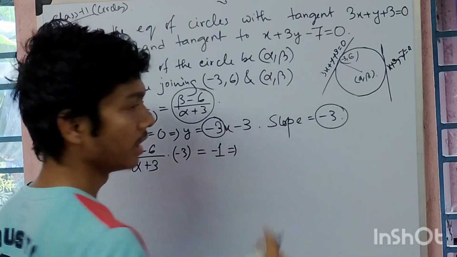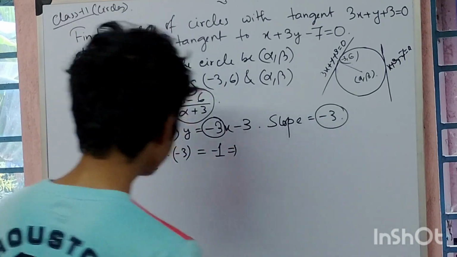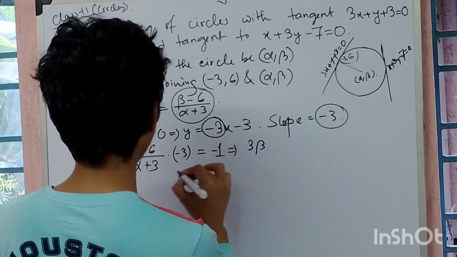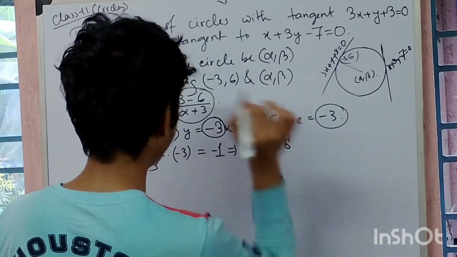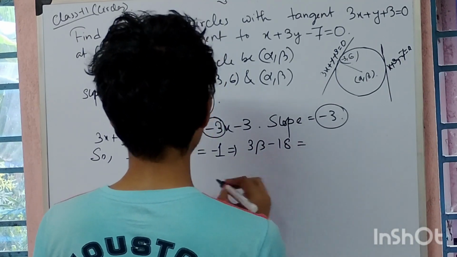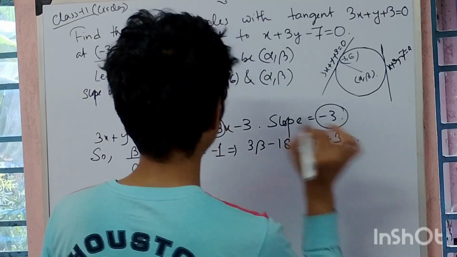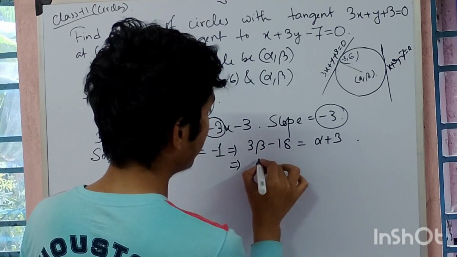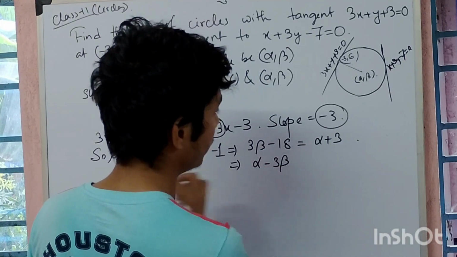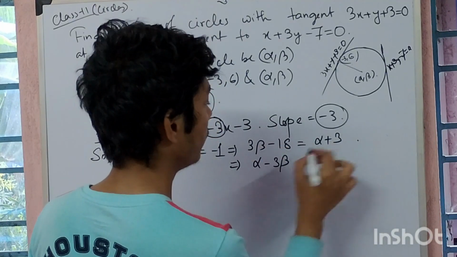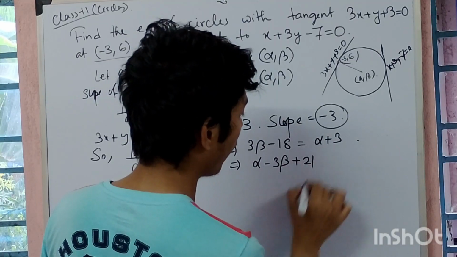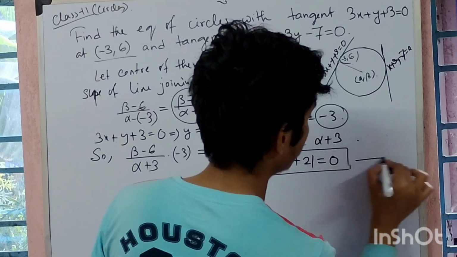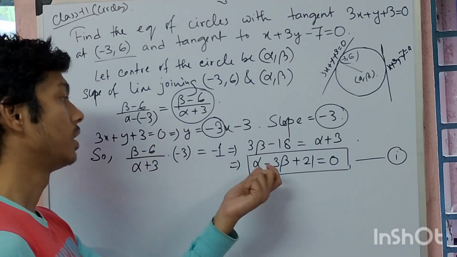With a little simplification, it gives 3 beta minus 18 equals alpha plus 3. With a little more simplification, I get alpha minus 3 beta plus 21 equals 0, and this is my first relation between alpha and beta.